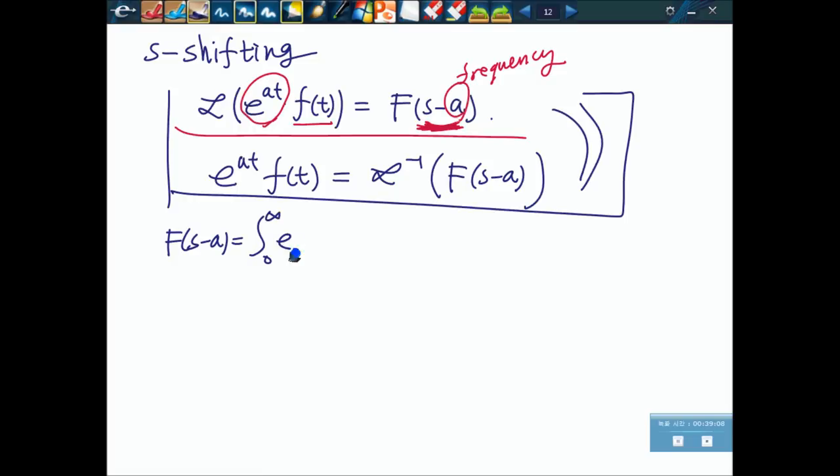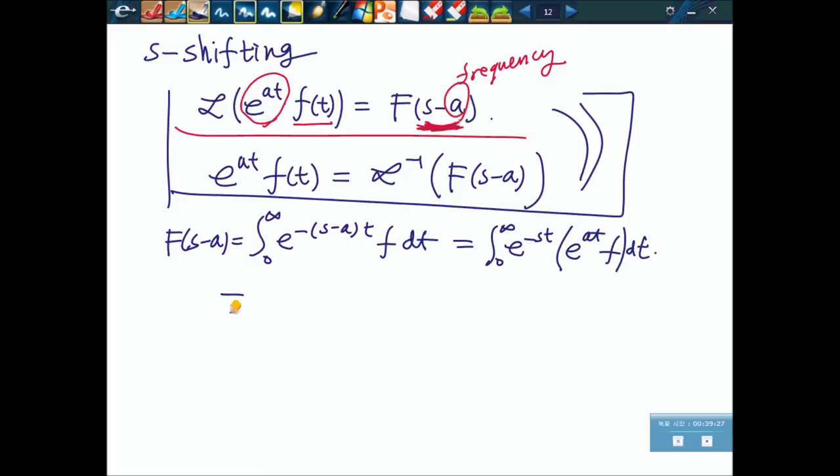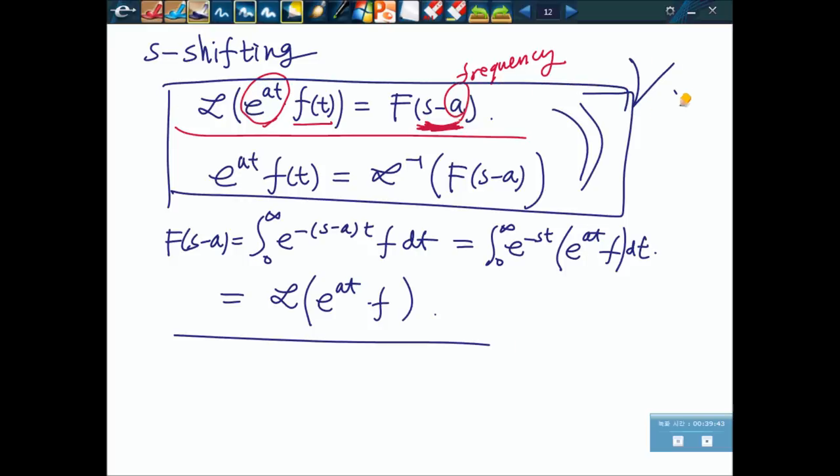So it's the integral from 0 to infinity of e to the minus st times e to the at times f dt, which is Laplace of e to the at times f. Okay?